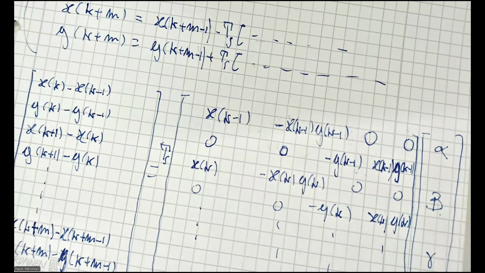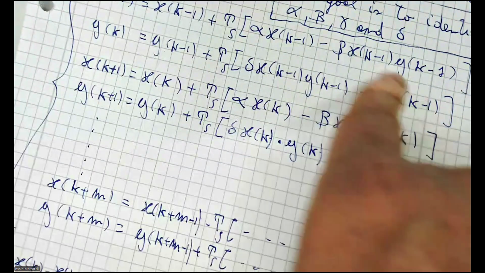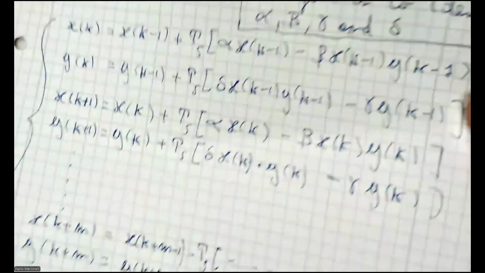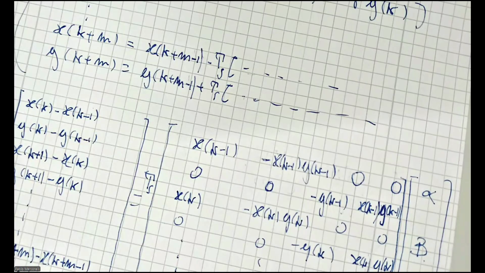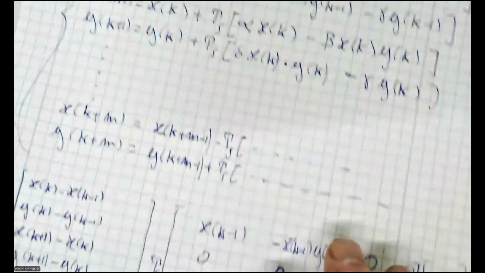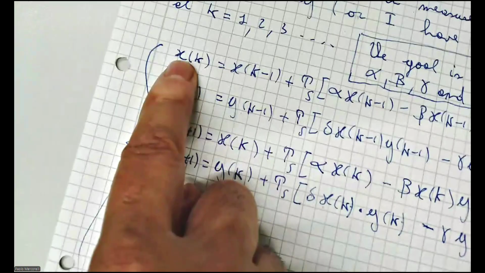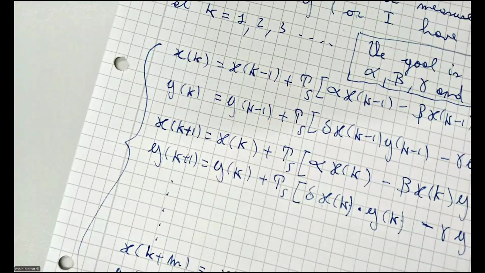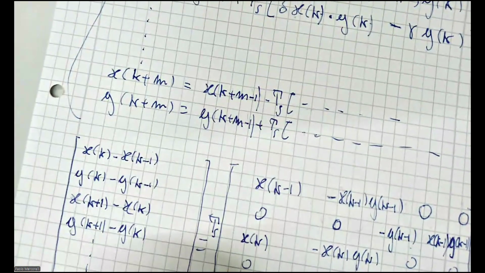This is the way to represent this data. I think it's not difficult to see how from here I can write this column, because it's this minus this minus this minus this, and so on until m, let me say, and then I formalize it in a column.